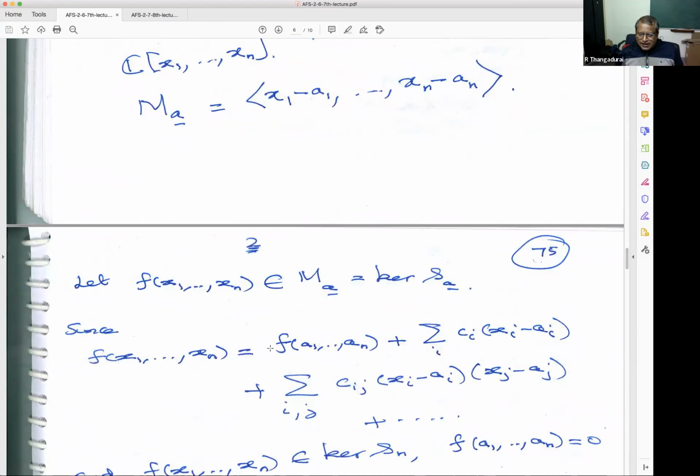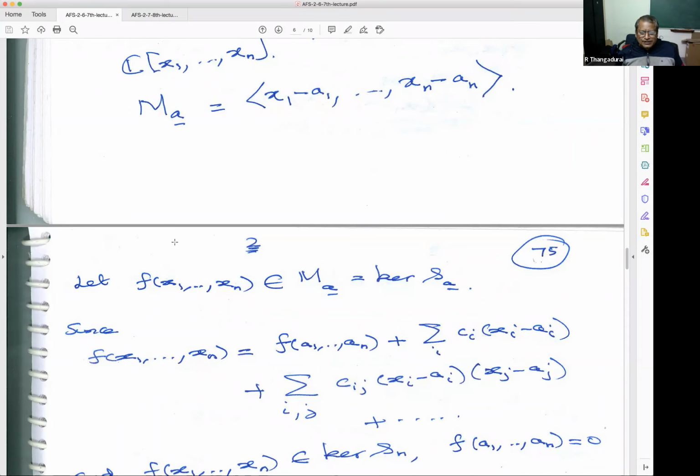This way, we can write f(x1, x2, ..., xn) as f(a1, a2, ..., an) plus a linear combination of products of the xi minus ai, one at a time, two at a time, three at a time, and many at a time. The indices i, j need not be distinct here. In fact, (xi minus ai) squared also can come. Some powers also can come, but it is a linear combination of these.